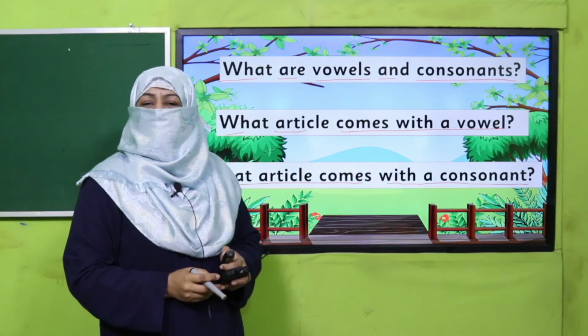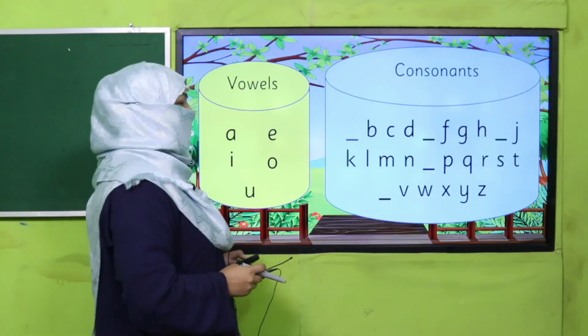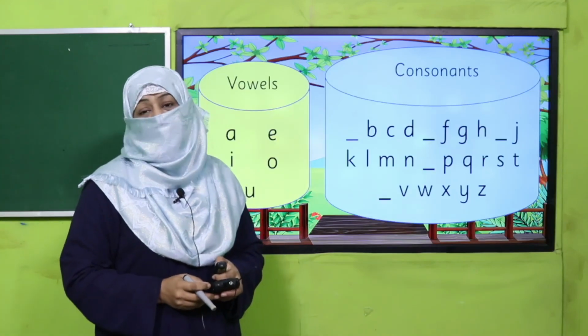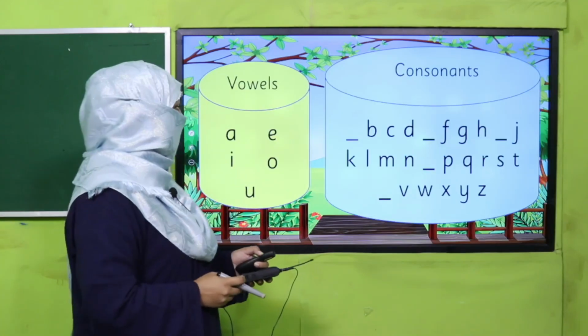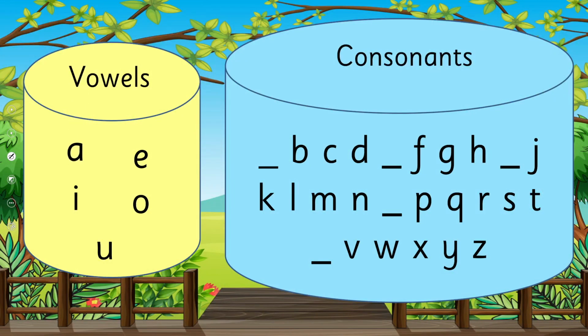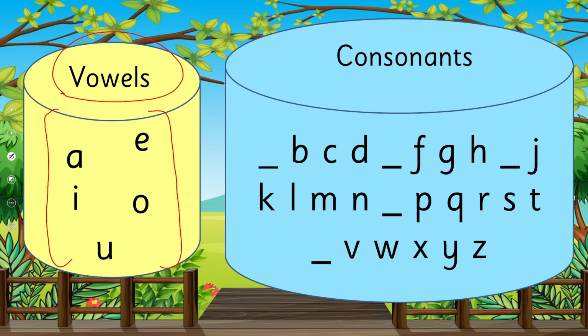Yes, my dear children, I hope you remember that in the English alphabet there are 5 vowels, and what are they? A, E, I, O, and U. These 5 letters are called vowels. These are vowel sounds, and the rest of the letters are consonants.